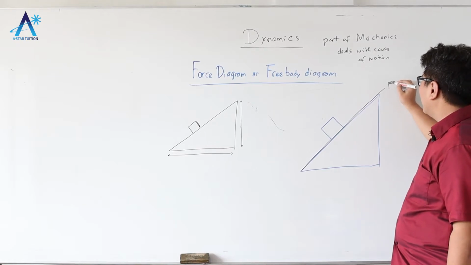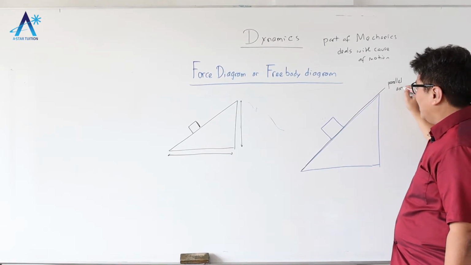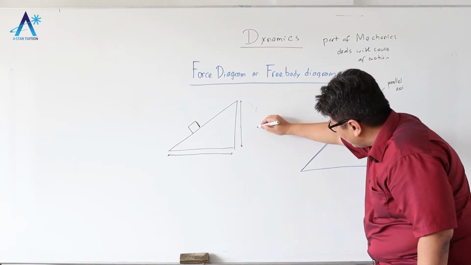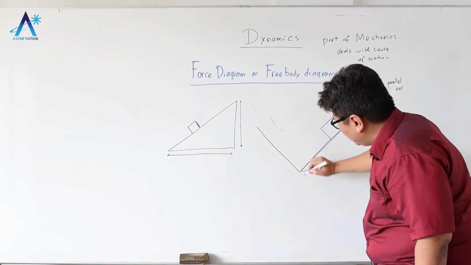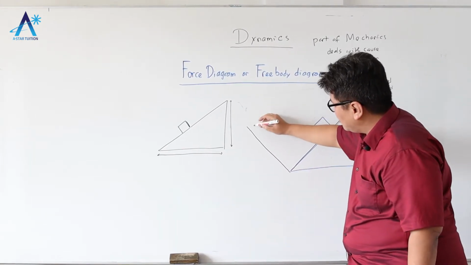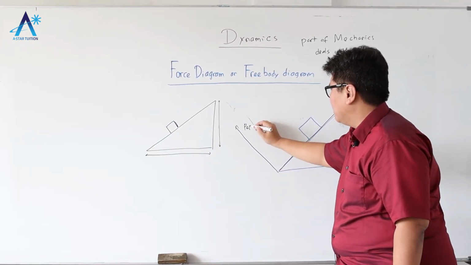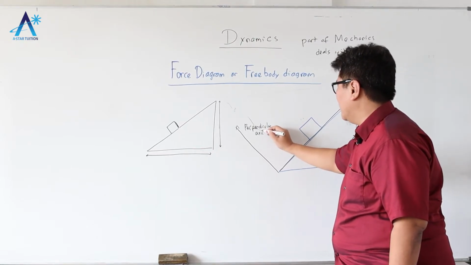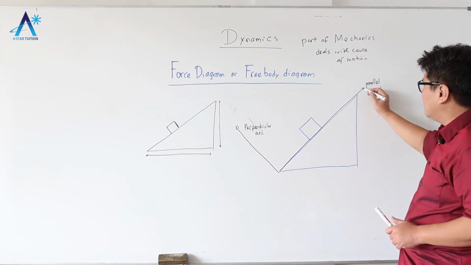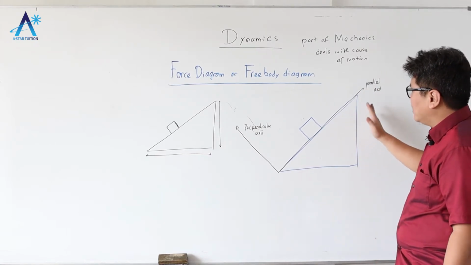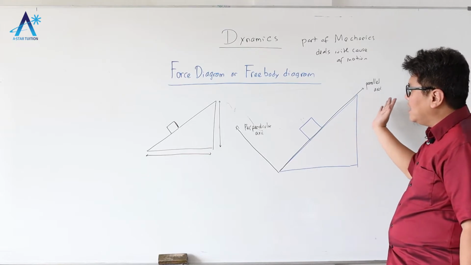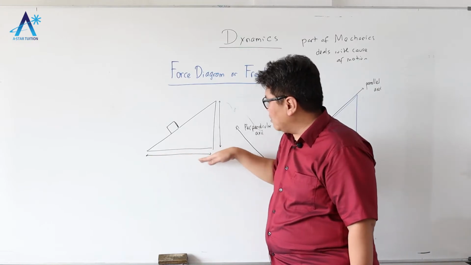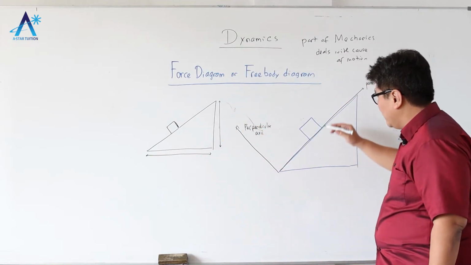So this is the parallel axis, and we also have the perpendicular axis. Now remember that these two axes are perpendicular to each other. So all forces in this situation will be resolved in the direction of parallel or perpendicular, not the normal sideways or up and down, for an inclined plane.